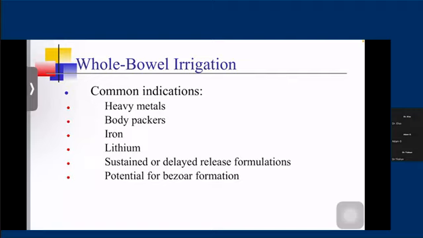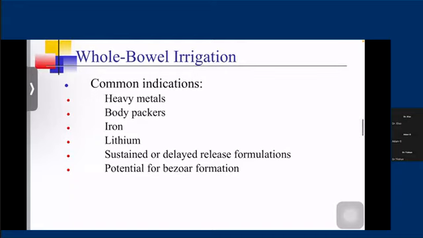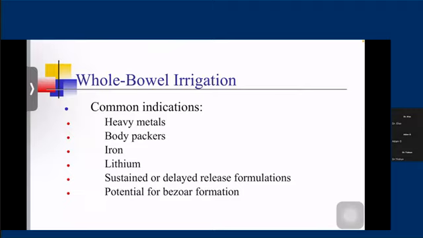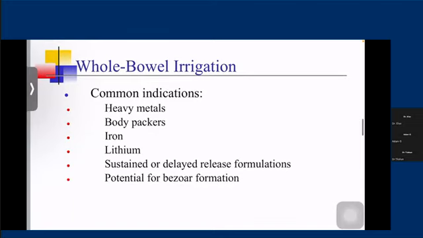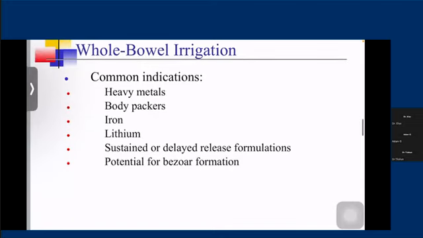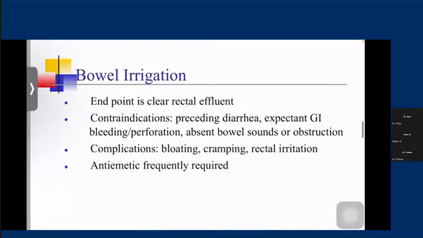Other heavy metals, and also iron and lithium, can also be irrigated. Second to activated charcoal, the second most important one is whole bowel irrigation. It is thought to have a higher chance of removing the substance with fewer complications. The endpoint is clearing of the rectal effluent.